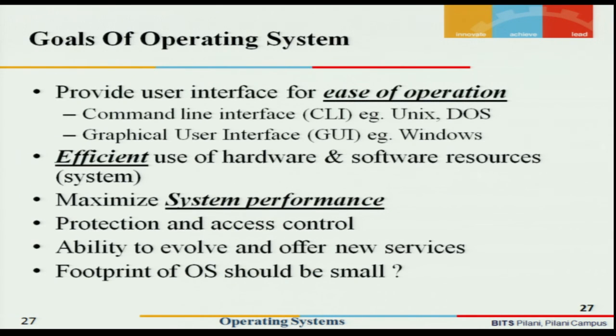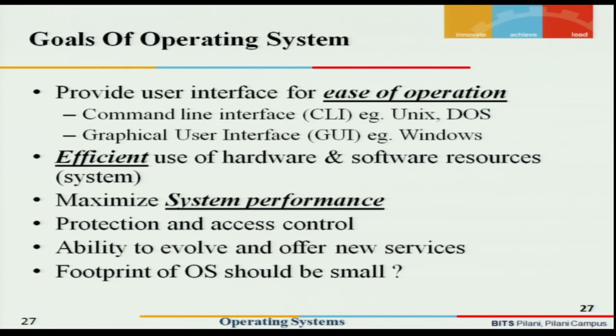Some of the goals of an operating system designer are, first, to provide a user interface for ease of operation, which is one of the very fundamental things. In earlier times, a command line interface was provided.